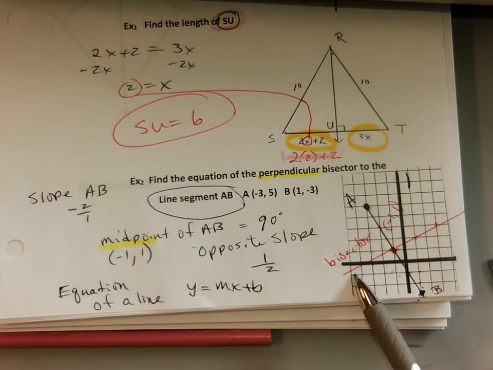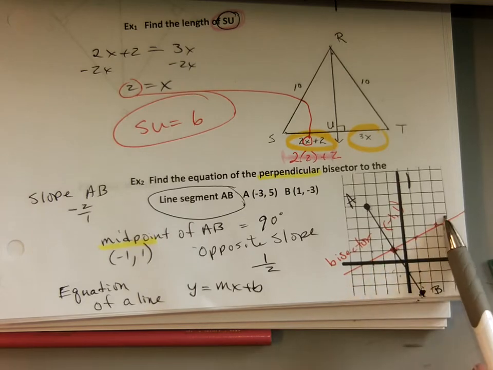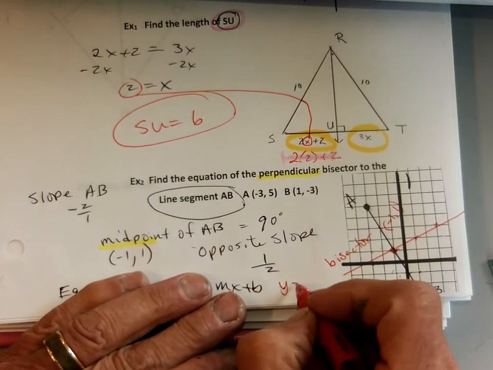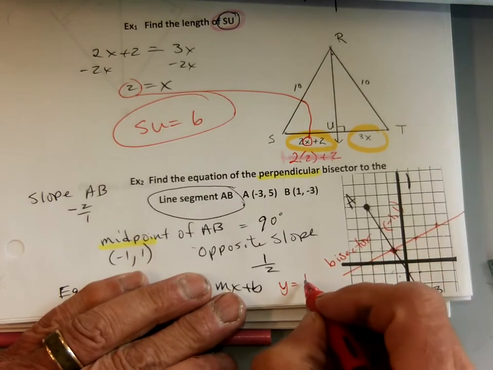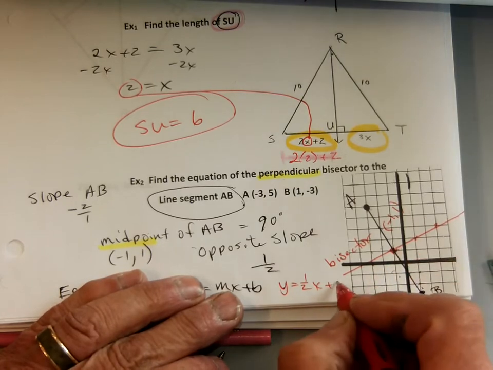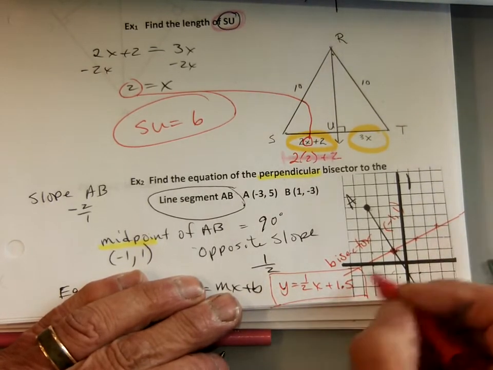This red line is my bisector. It's a perpendicular bisector. I want the equation of this perpendicular bisector, so the answer's got to be y equals, let's see, up 1 over 2 x, because that's my slope, plus it goes through at 1.5. That is the equation to this line.